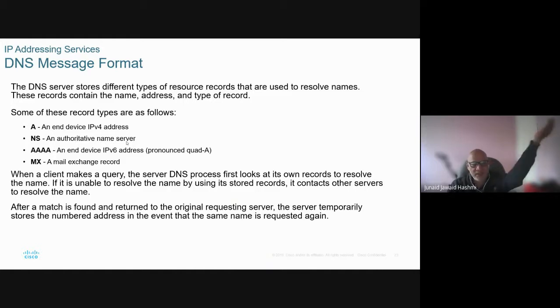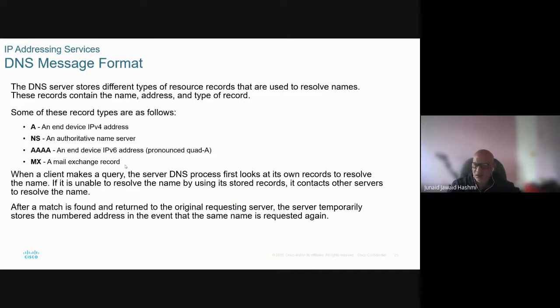It could be the ISP server, or you could have your own DNS server. And then AAAA is the IP version 6 address, and MX is the mail exchange record. Okay. Anyway, we are not going to go into the detail of DNS function. This is not part of this course.